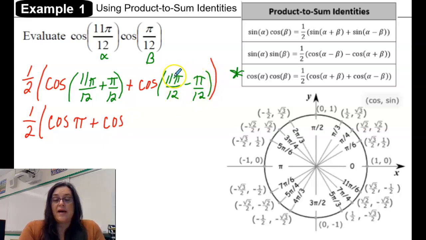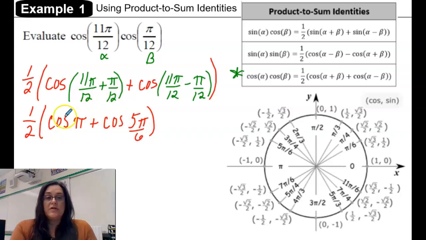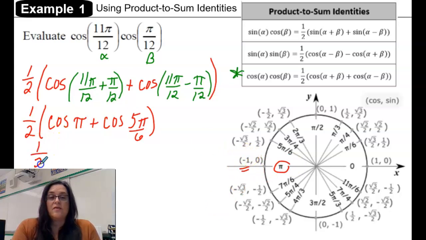That's 10 pi over 12, which reduces to 5 pi over 6. And these are special angles on the unit circle. So remember, cosine is the x coordinate at that angle, so we find pi on our unit circle, and the cosine is the x value. So -1 is the cosine of pi.